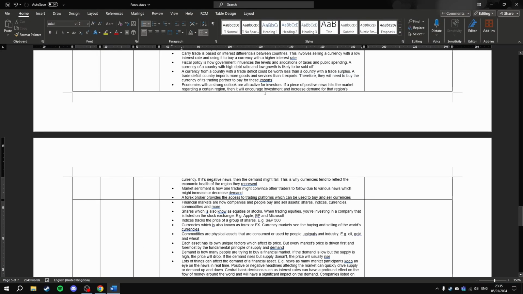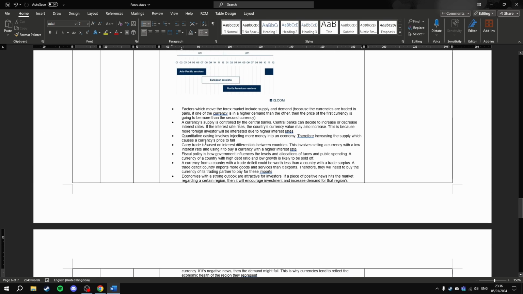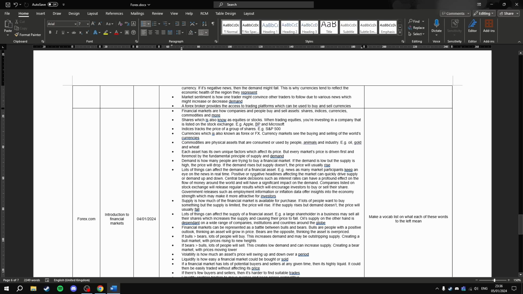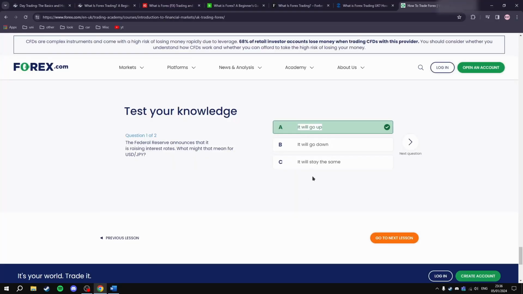Because higher rates attract investment, it will encourage investments to increase demand. And if there's increased demand, then if the demand rises but supply doesn't, then the price will usually rise. Hence, this will go up.